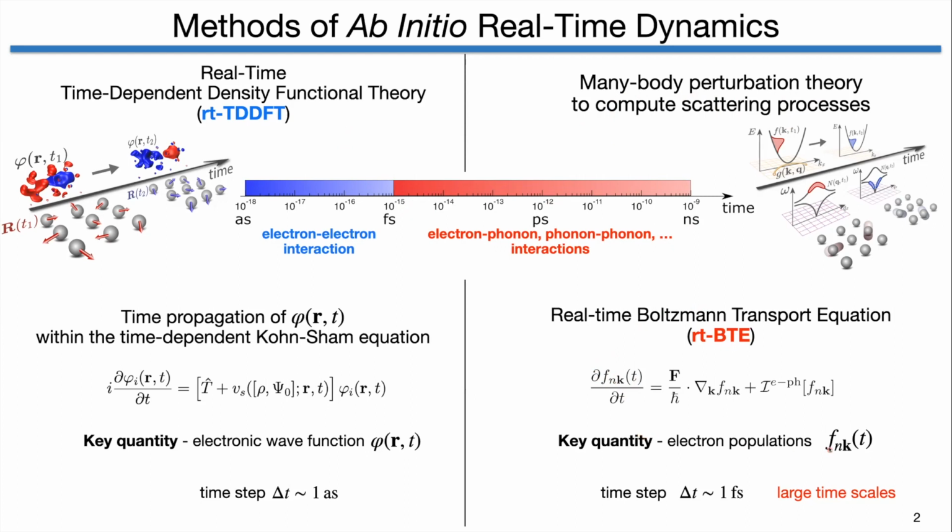So our key quantity is f, and our time step now is about 1 femtosecond. Just to compare, this one time step is equal to the entire simulation time of RT-TDDFT. So with this method, which we call RT-BTE, we are able to time step the occupation function long enough and account for such physics as electron-phonon scattering, phonon-phonon scattering, etc.